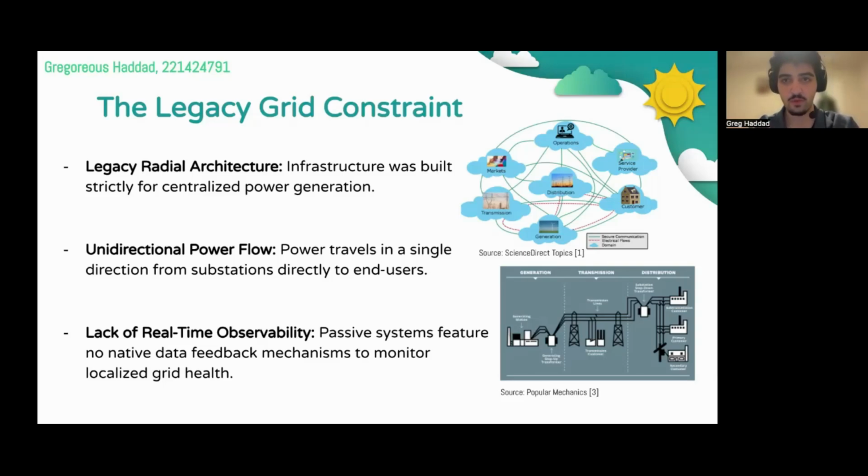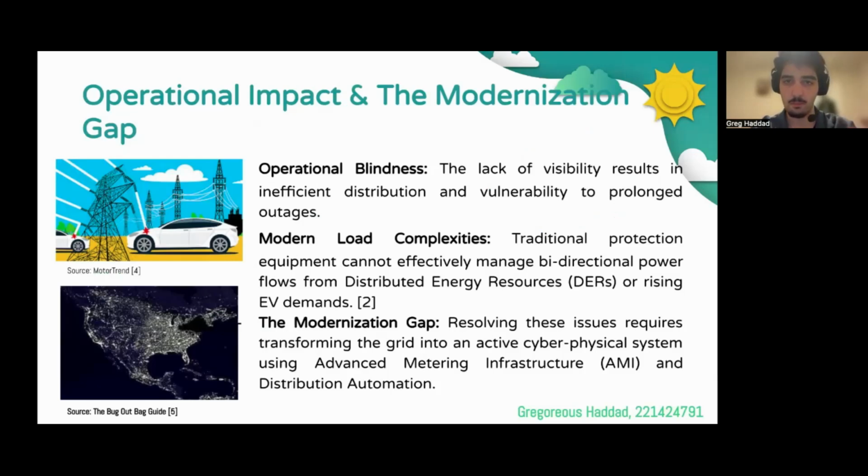Because power only flows one way, data does as well. So there are no arrows pointing back to the generation side, meaning utility providers have no real-time data from those distribution nodes. So next, we're going to go on to the operational impact and the modernization gap.